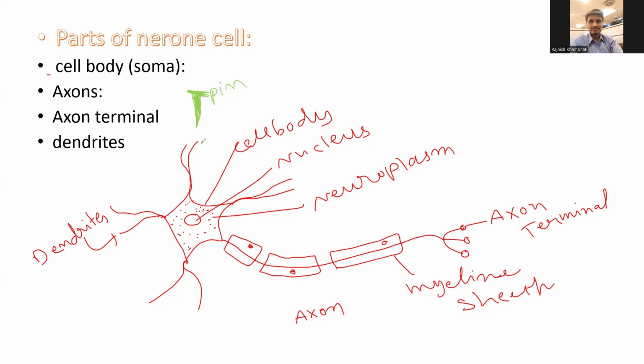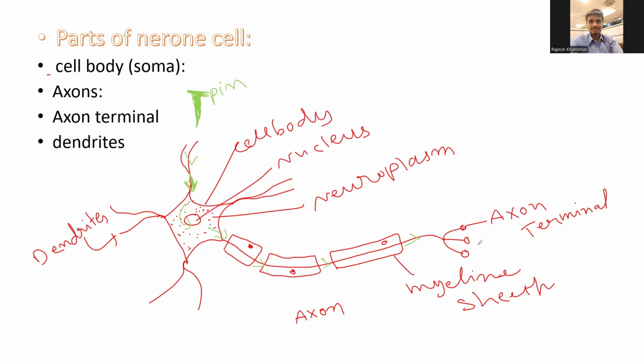When the pin enters the body, it generates the action potential, and it is first received by the dendrites. The dendrite carries this message into the cell body, within the neuroplasm, and then into the axon. It travels along the length of the axon till the axon terminal.